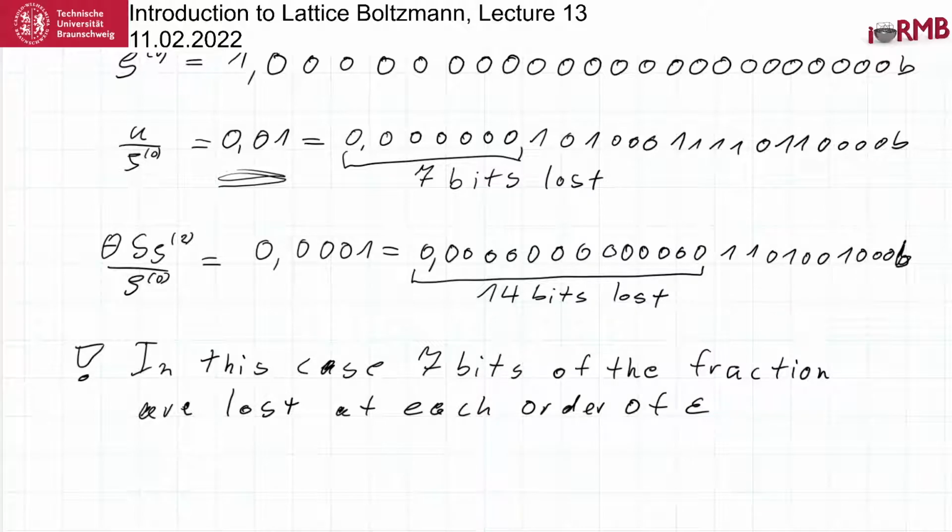So in the first step, for epsilon to the power of 1, we lose 7 bits. At epsilon square, we lose 14 bits. And now you can assume that at the third order, epsilon to the power of 3, we would lose 21 bits, which means we had only 2 bits left for order 3.